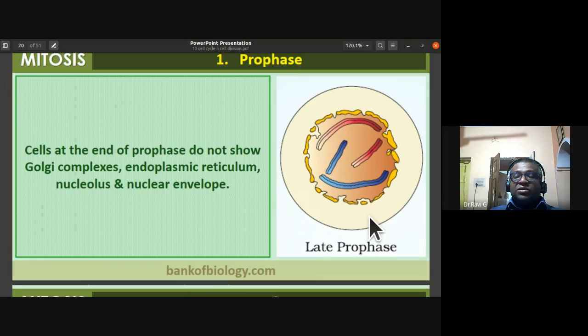That is what you can notice in the final prophase stage.